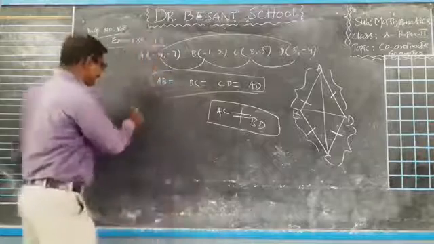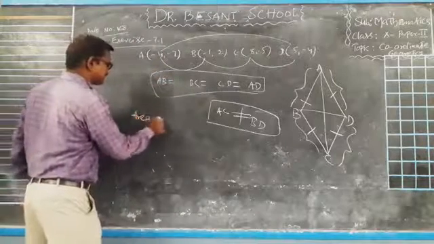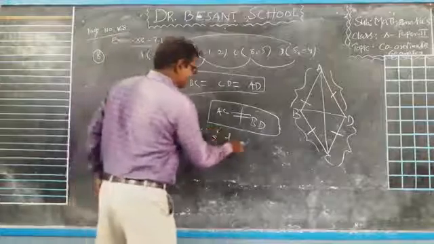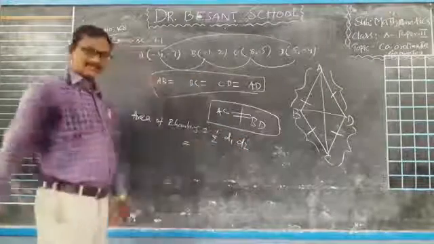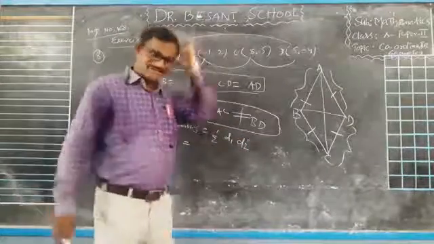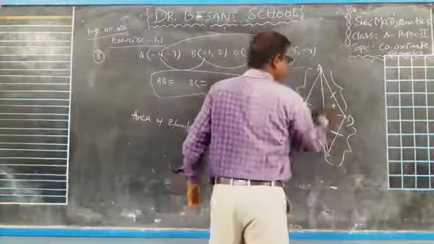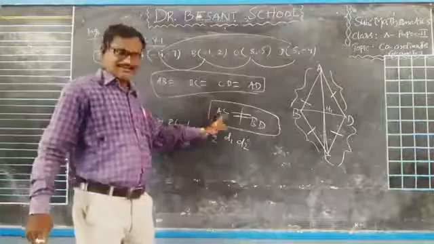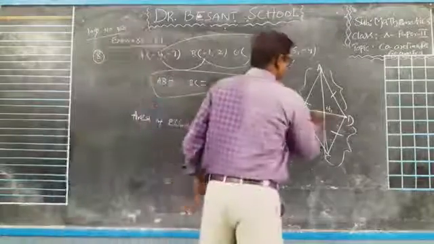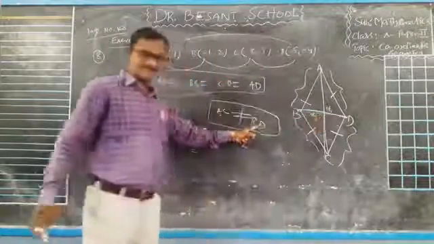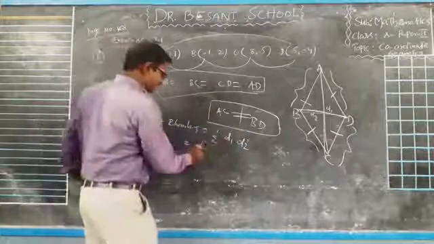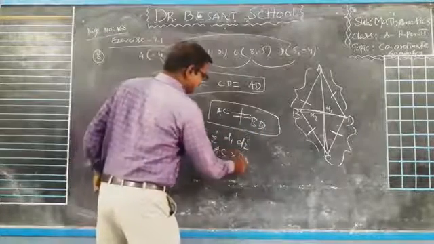After that, we are asked to find the area of the rhombus. Area of rhombus is equal to half into D1 into D2. D1 means diagonal AC, which we have already found, and D2 means the second diagonal BD, also already found. So half into AC distance into BD distance.